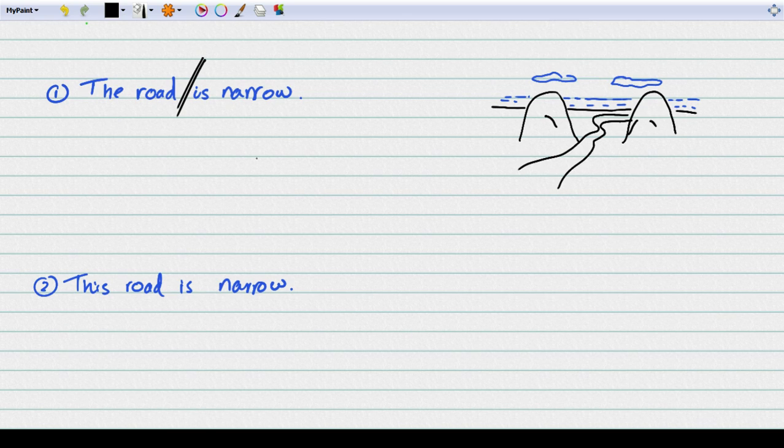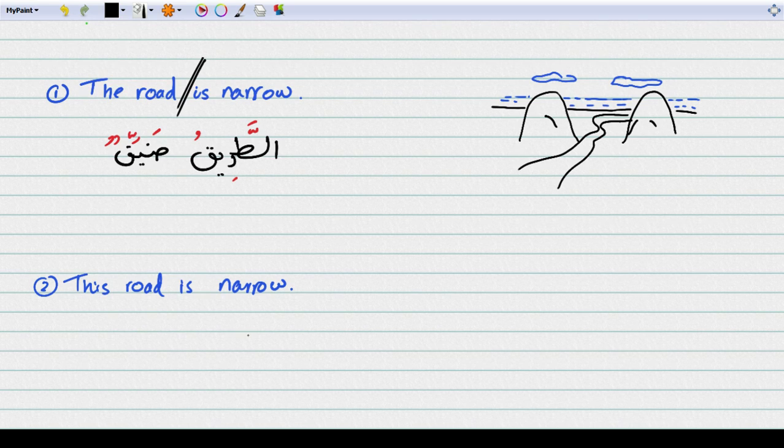So first the road, and then narrow. So it translates to الطريق ضيق. الطريق ضيق. Straightforward, easy. I hope so. At least if you have been following my lessons so far.